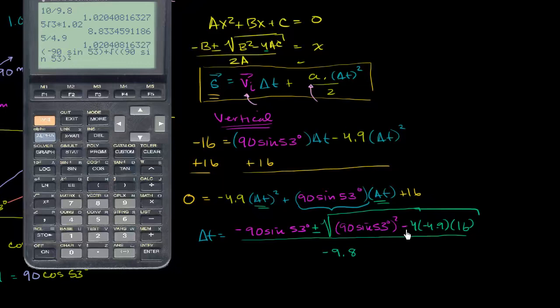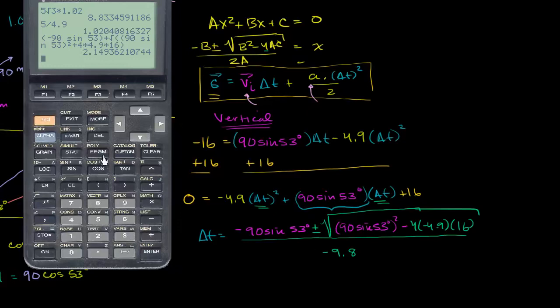So I could say this is plus 4 times positive 4.9, so plus 4 times 4.9 times 16. And then that closes off our entire radical. And so this will give me the numerator up here. And then I want to divide that by, did I do the negative 90?